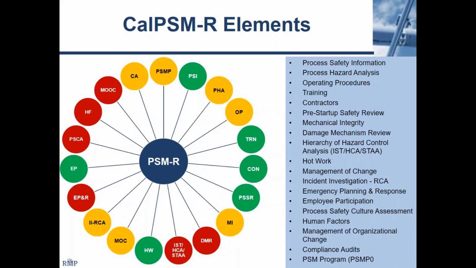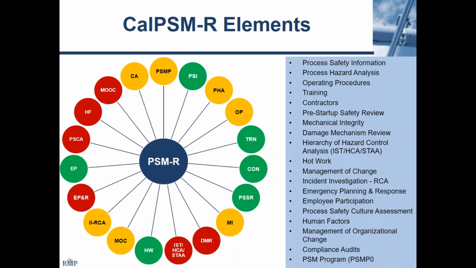I won't go over all of these elements, but briefly, some of the important changes, starting clockwise. PHAs, we have the addition of the SPAs, Safety Protection Analysis. We have ISDs, damage mechanism reviewers, hierarchy of hazard control analyses. Those are all added to the PHA after October 1st. Operating procedures, there are a few changes to required sections of the operating procedures.